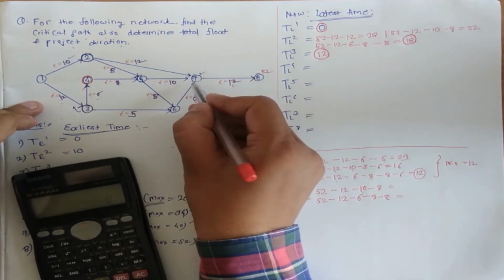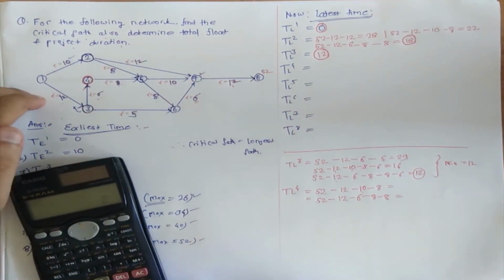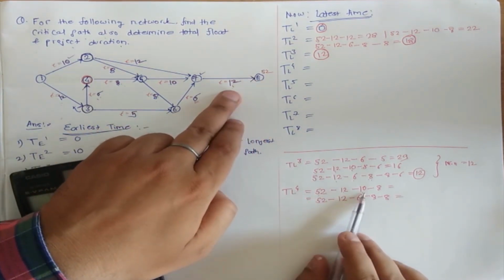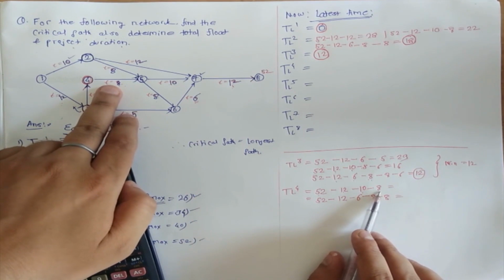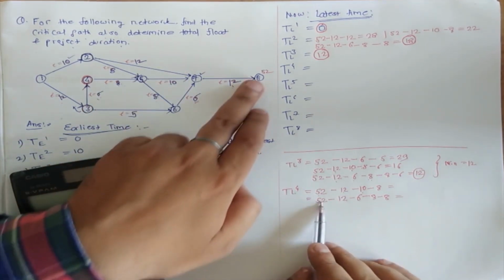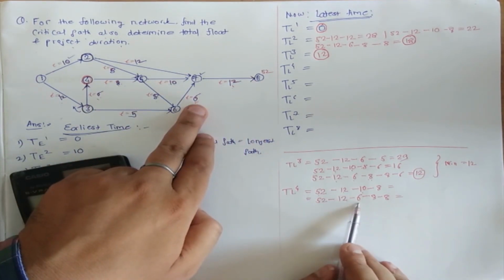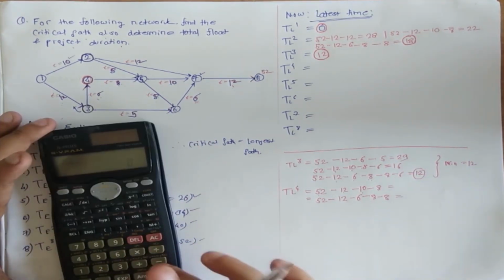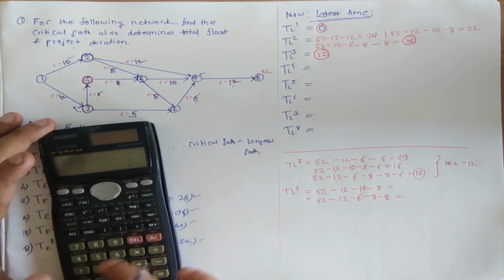Okay, so I'll recap once again. 52 minus 12 minus 10 minus 8, first one. Second one, 52 minus 12 minus 6 minus 8 and minus 8. So we'll check out now. 52 minus 12 minus 10 minus 8 is coming out to be 22.